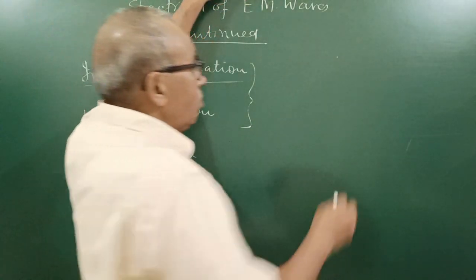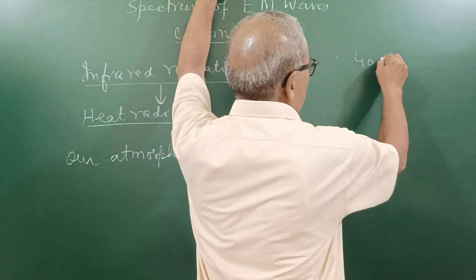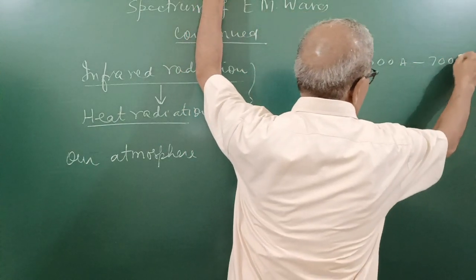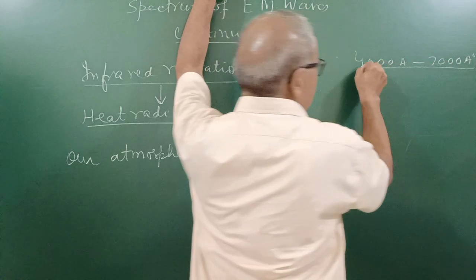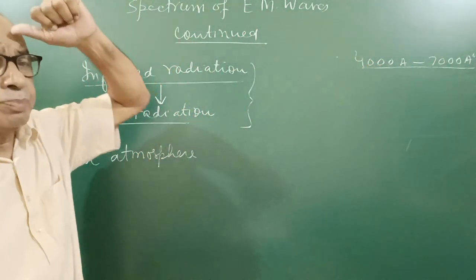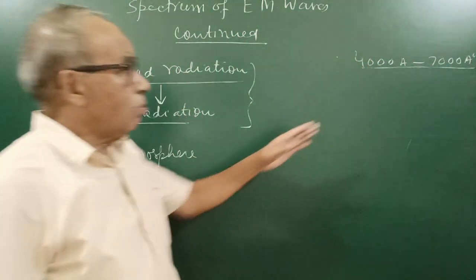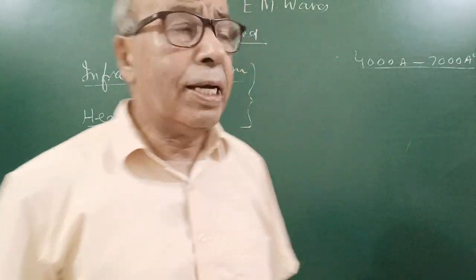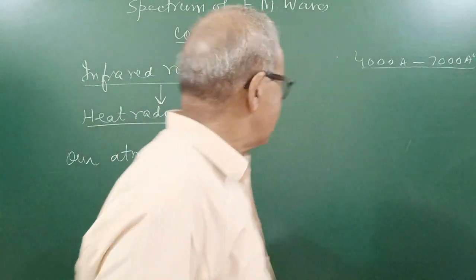Visible light has wavelength only from 4,000 angstrom to 7,000 angstrom. These radiations produce the sensation of sight in our eye. Radiation with wavelength more than this does not produce the sensation of sight. Infrared radiation has wavelength more than this.